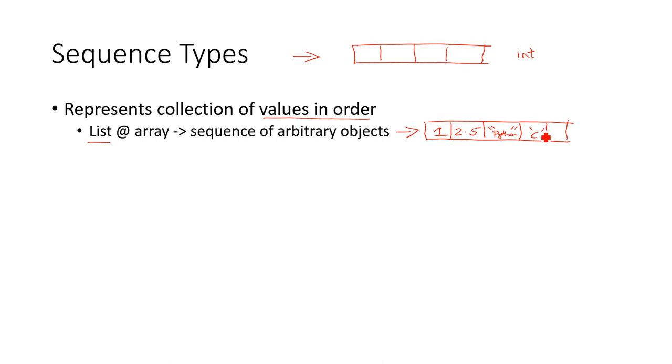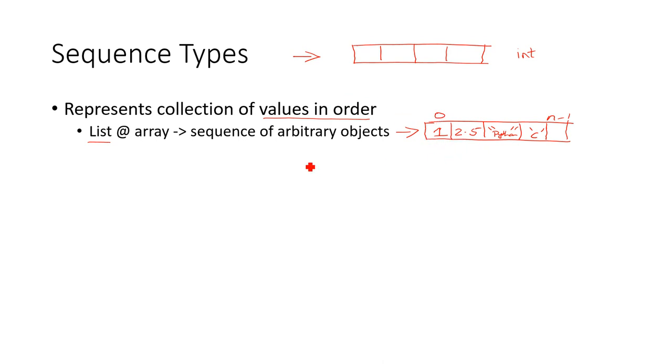So we can have arbitrary objects in adjacent locations in a list. Also, similar to an array, the list has addresses ranging from 0 to n minus 1, and whatever operation we can do with a normal array can also be done with the list as well.